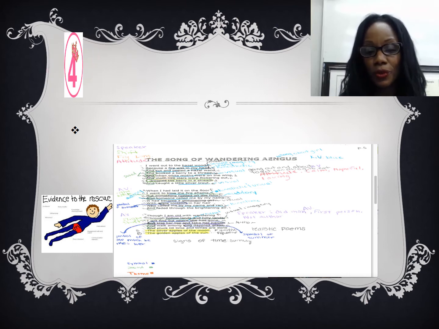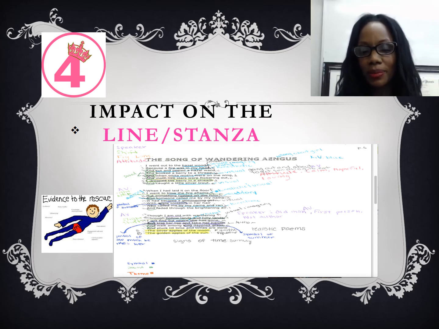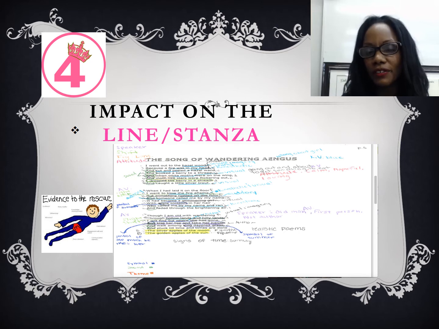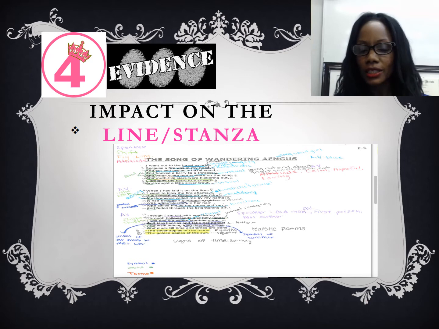Step number 4 requires us to look at each of our techniques and discuss the impact that each of the techniques have, or at least not each of them, but the significant ones, on the specific line or stanza. So you want to think about all of your evidence or your techniques and think about, let's say, for example, you decided to use alliteration in line 2.